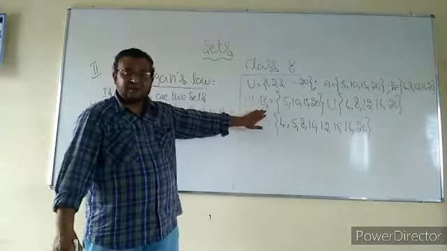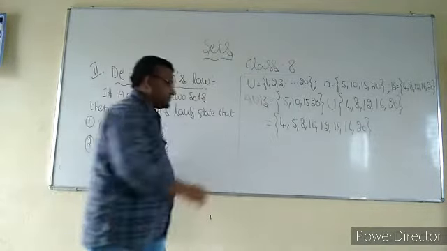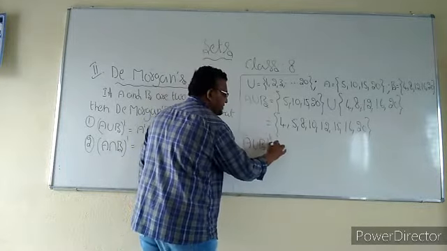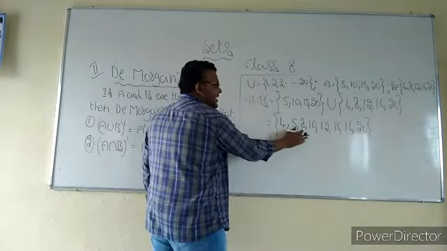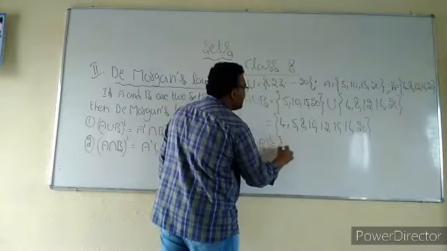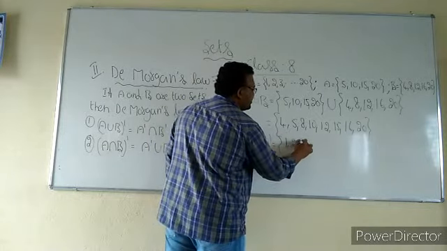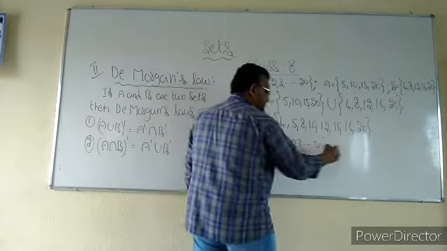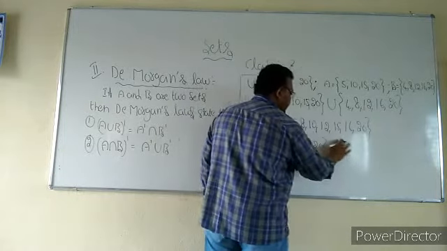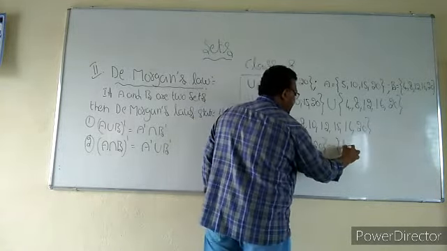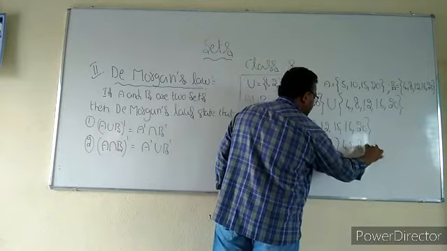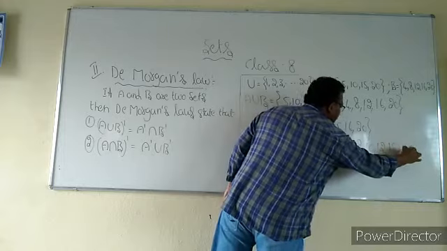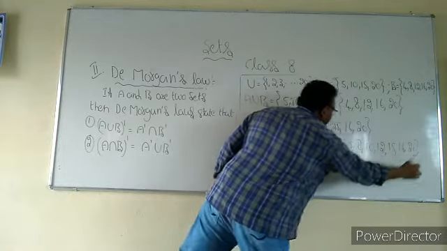Next, it is (A union B)'. It means the complement of A union B: from U we have to subtract these A union B elements. U is 1, 2, 3 and so on up to 20, minus A union B, which is 4, 5, 8, 10, 12, 15, 16, 20.